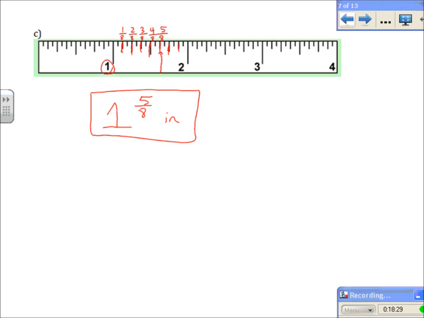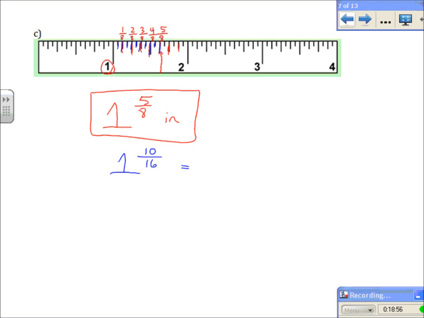Let's see how many small divisions we are past the 1. 1, 2, 3, 4, 5, 6, 7, 8, 9, 10. All right, so we are at 1 inch and 10 small divisions. There's a total of 16 small divisions, so I can reduce that fraction. I look at 10 and 16 and ask, what's the common factor?